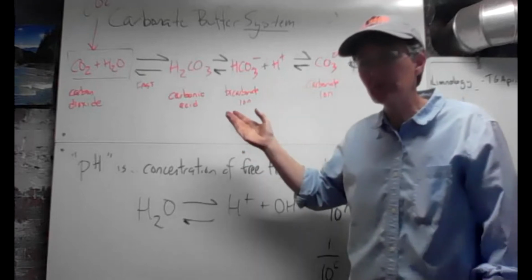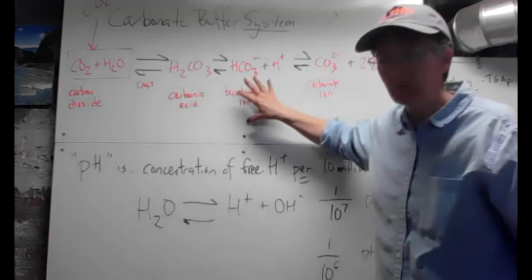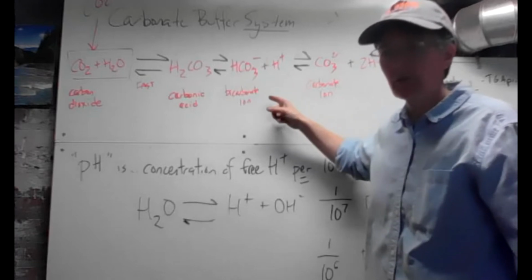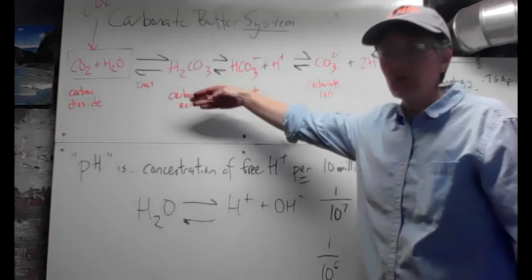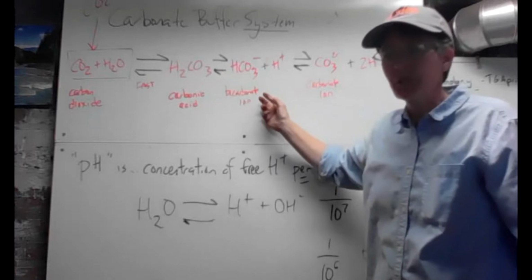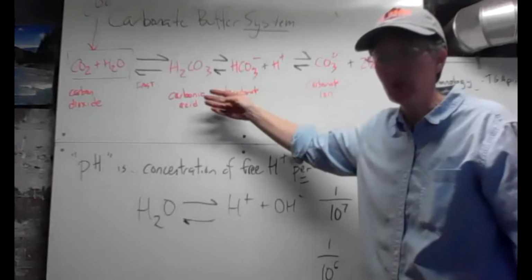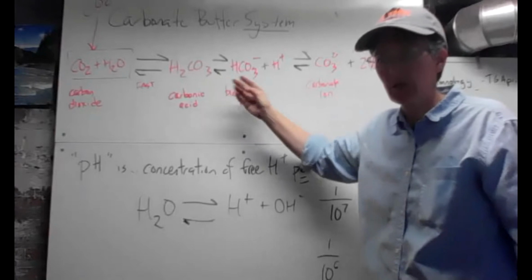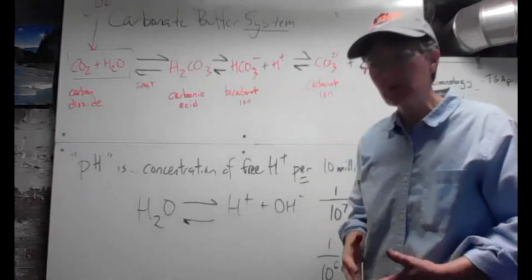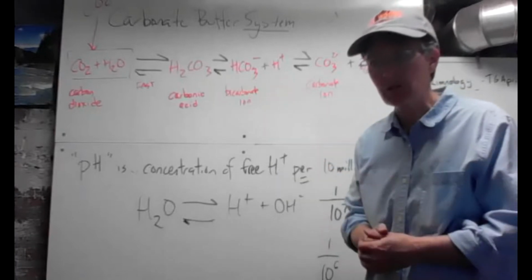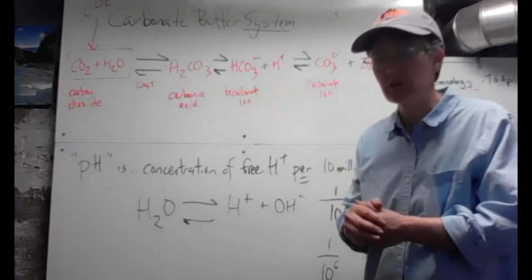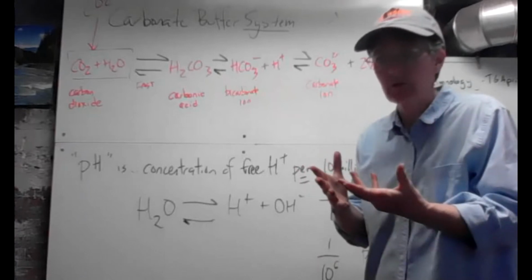So that's how this functions as a buffer system. If you're dominated by bicarbonate ions and you add an acid, it's just going to shift form, essentially sponging up, absorbing the protons. And if there are no free protons, then there's no change in the concentration of protons, no change in pH.